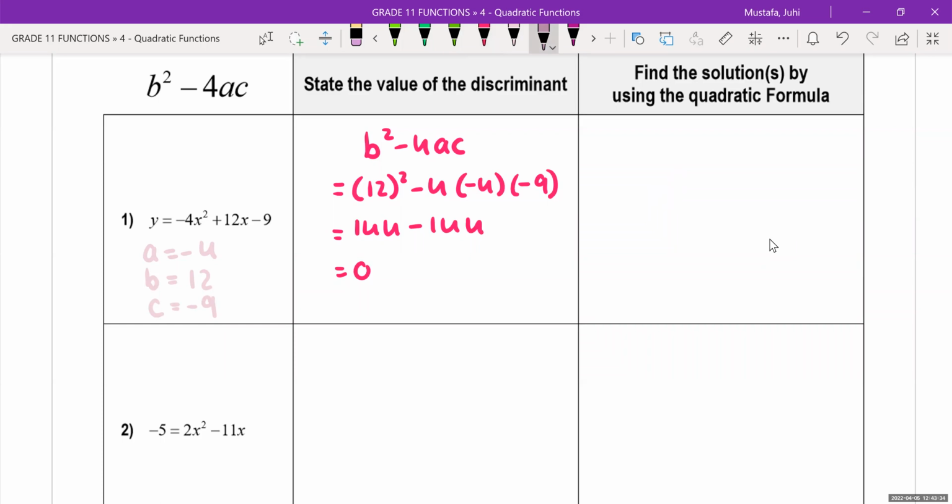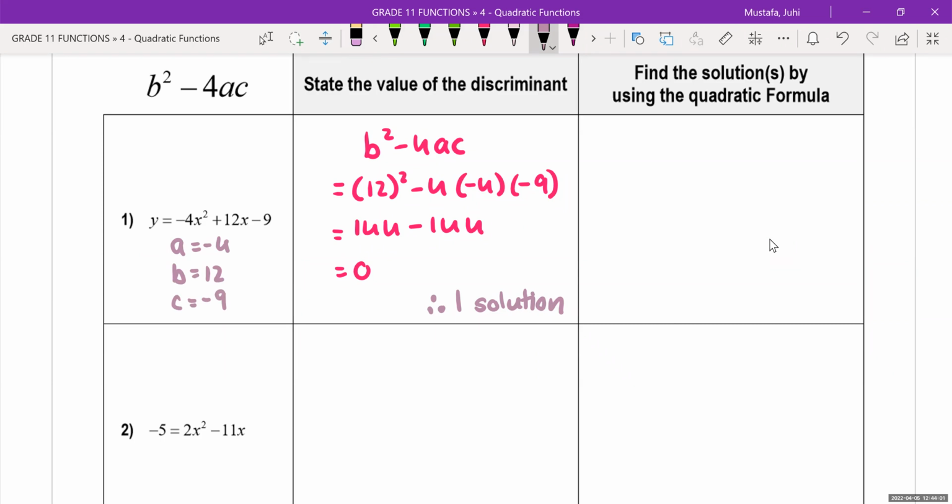If the discriminant equals 0, do we have 1 solution, 2 solutions, or 0 solutions? Good. So we're going to write, therefore, 1 solution. Does this make sense? So glad everyone thinks so.